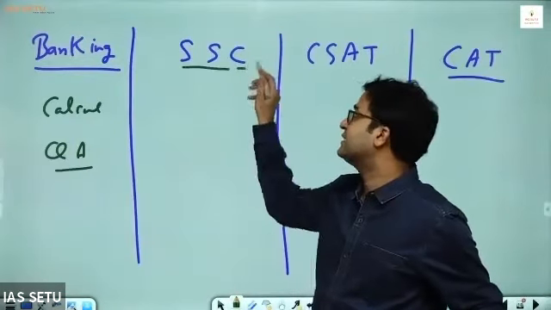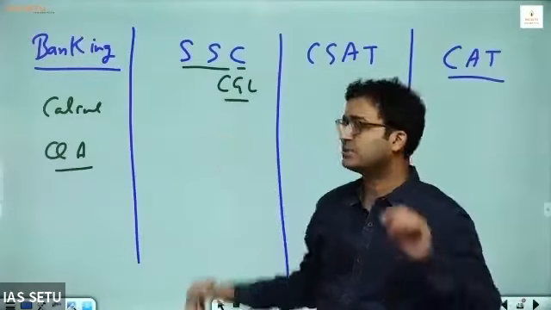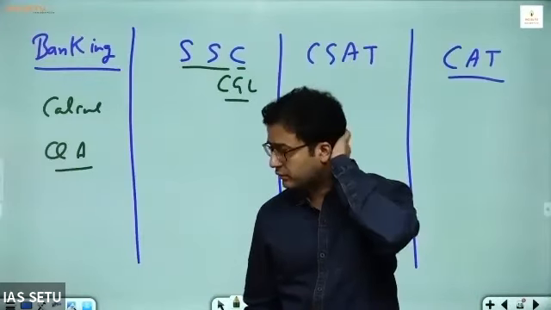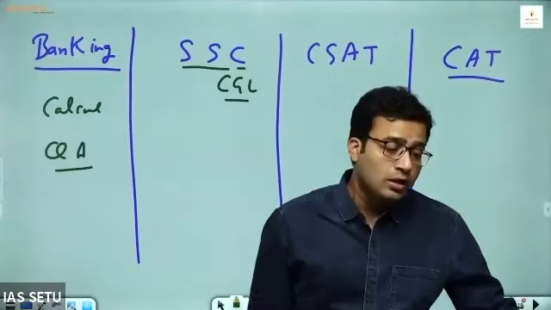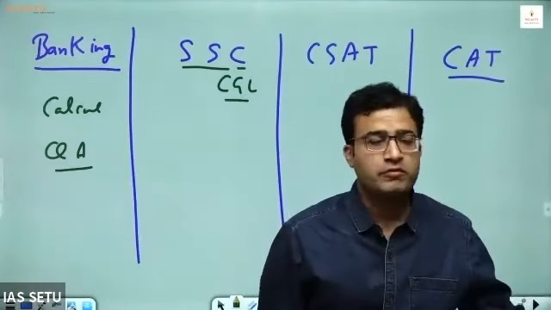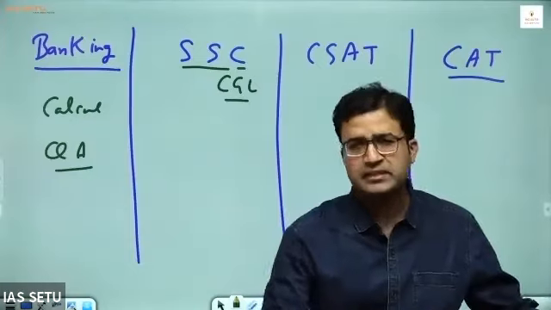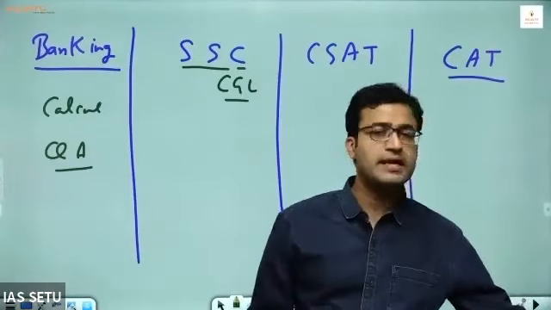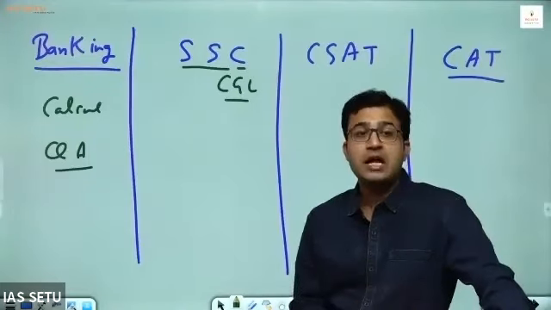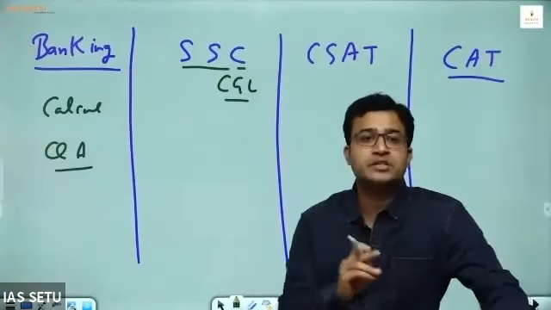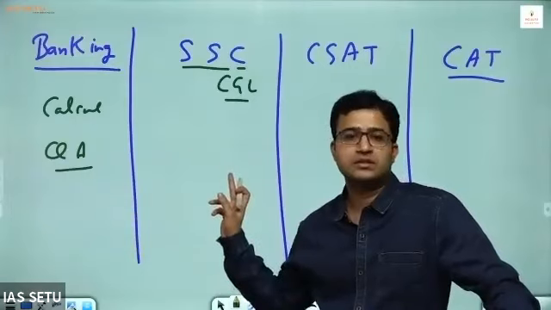SSC, CSAT. SSC में काफी सारे हैं, CSAT, combined graduation level. See here, might be any one of you have given the SSC exam or maybe taking it as a plan B alternate. ठीक है, SSC exam. You know very well what SSC actually is. SSC job is a mixture of clerical plus civil servant.